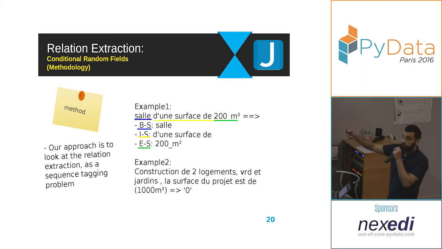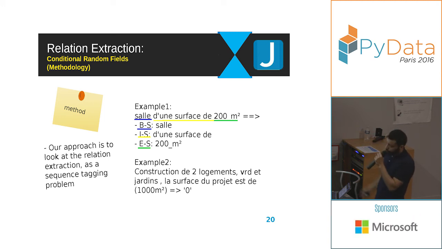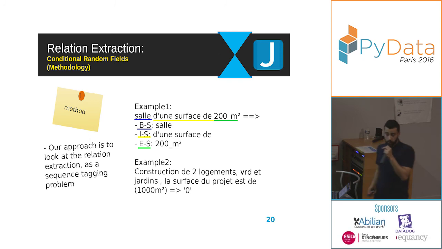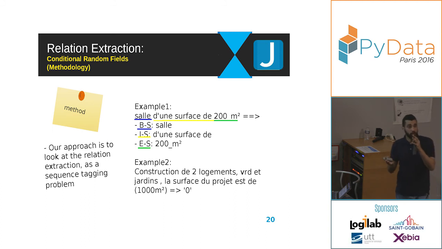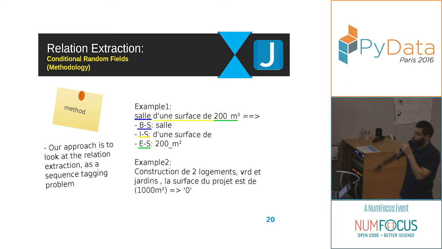So the algorithm should label the word "salle" as a BS because it's the beginning of the relation, and the token "200 square meters" as the ending of the relation, and all the tokens between them will be labeled IS. For example 2, all the tokens should be labeled 0, because here this area is not the area of the houses or of the parks, but it's the area of the global project. So if the algorithm has as input an example that looks like this one, it should tag the whole sentence with 0.